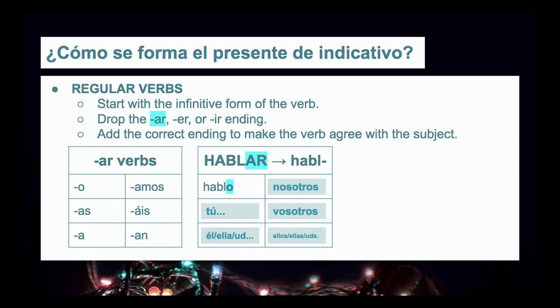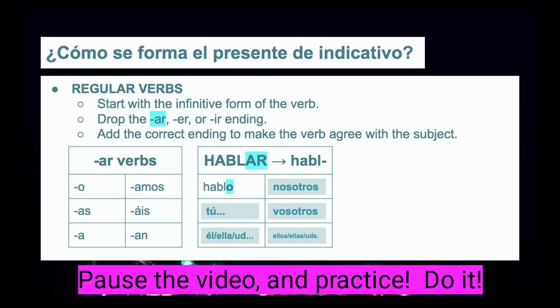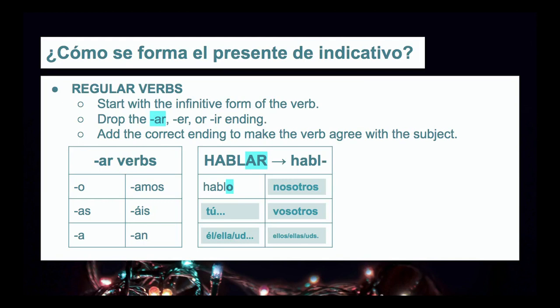Take a moment, pause the video, and see if you can conjugate hablar in the remaining 5 forms. You say, tú hablas. Él habla, ella habla, usted habla.